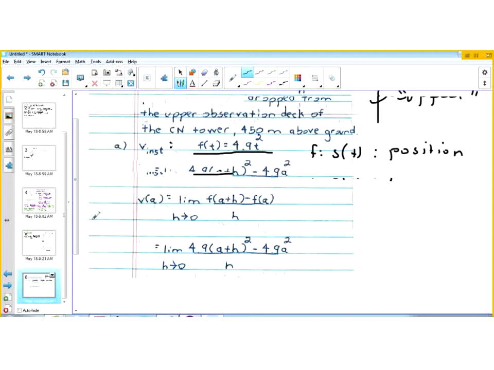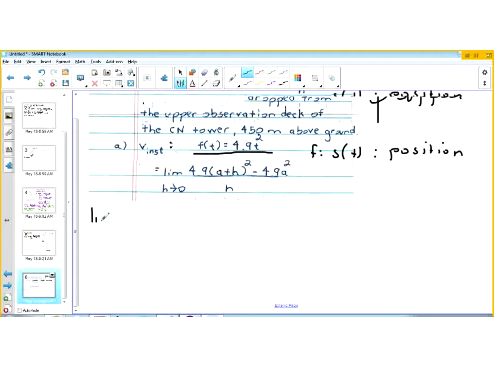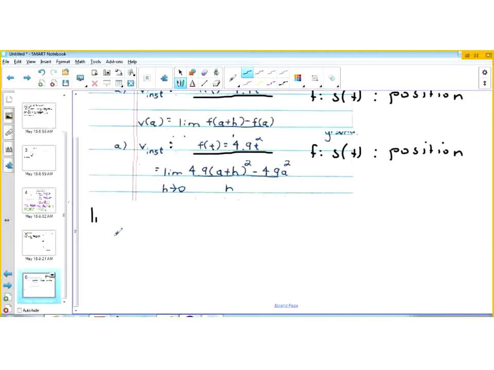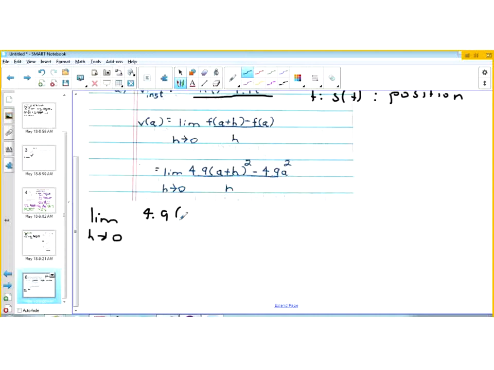Okay, and so plugging in the equation for f, we get this, and now what remains to be done is to simplify this limit. You'll have to draw on your knowledge of algebra now. We'll have to completely expand this binomial square.